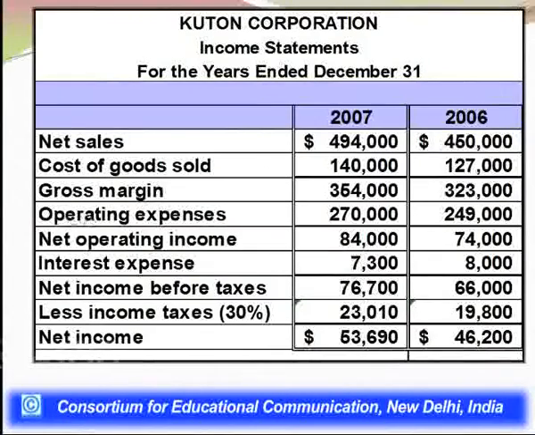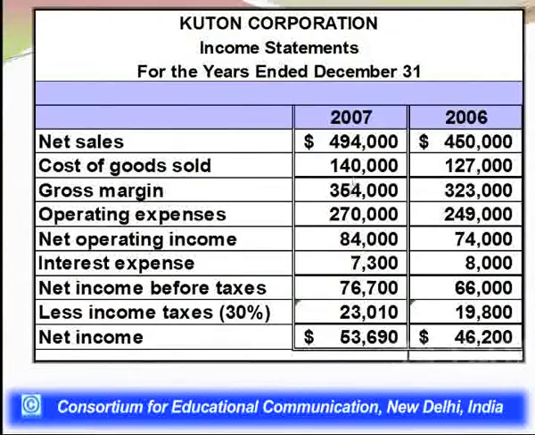The next item which we subtract from gross margin is operating expenses. Operating expenses are 249,000 for 2006 and 270,000 for 2007.